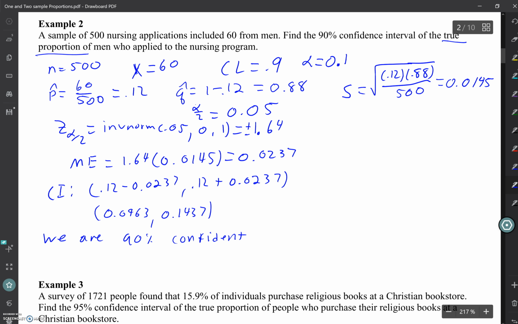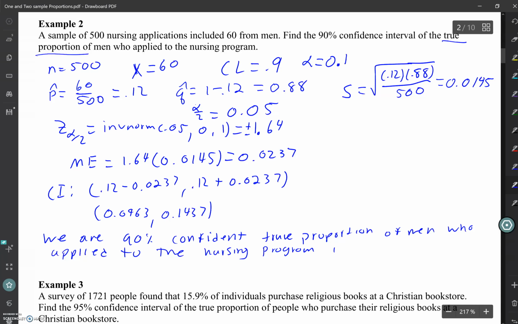So we're going to say we're 90% confident the true proportion of men who applied to the nursing program is between, and this is where I want to put it in percents, 9.63% and 14.37%.